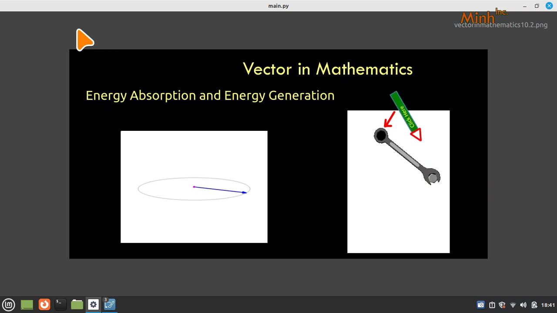So if I am applying it like this, we consider this as minus x and this as minus y. So probably this is coming out. Okay, so it is loosening, so it is untightening.